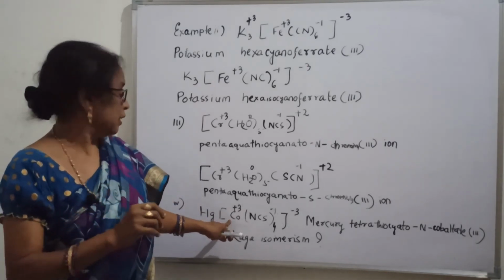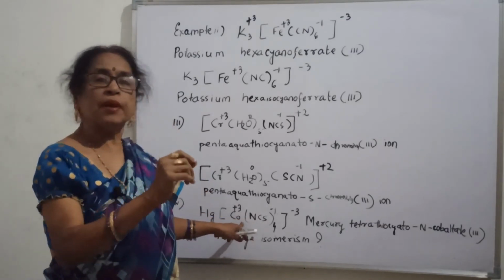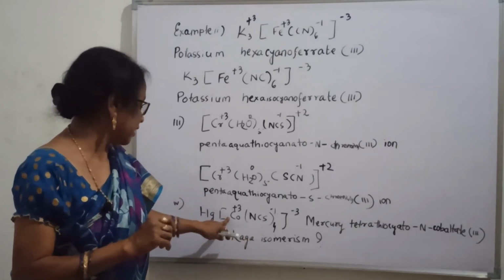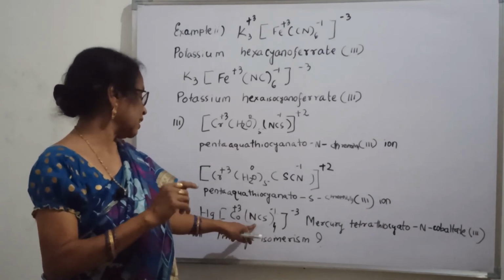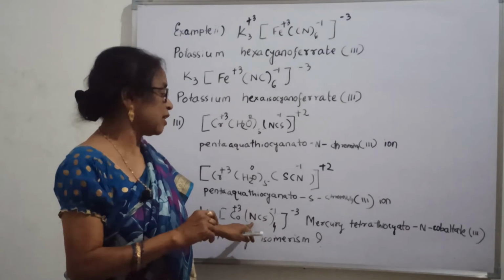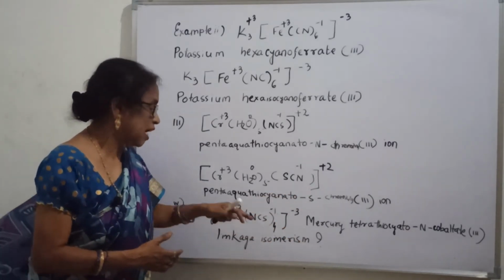This is complex anion, anionic complex. Anionic complex ends in -ate with the metal. So cobaltate, and it is tetrathiocyanato-N, because nitrogen is attached, cobaltate(III).